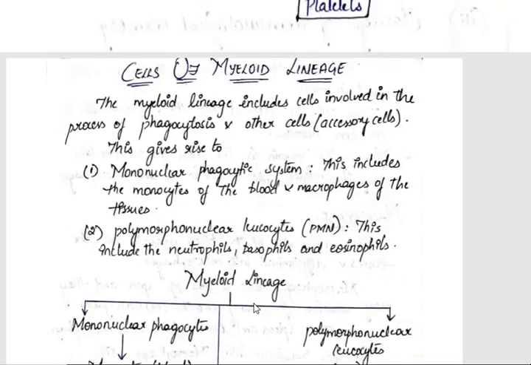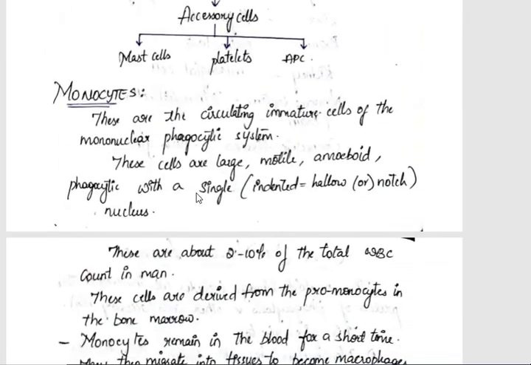Monocytes are large motile cells with pseudopodia, which give them a swarming motion, and they are amoeboid and phagocytic with a single nucleus. That's important here.